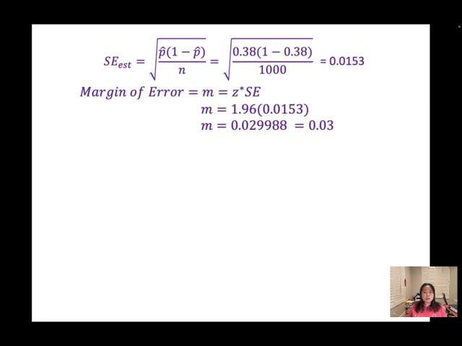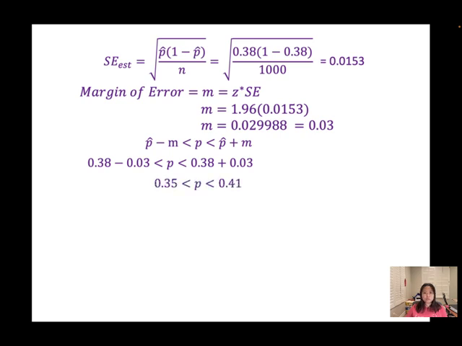And then construct the confidence interval. Okay, this is going to be the population proportion. That will be within sample proportion, which is going to be 0.38 plus minus the margin of error. We calculated the margin of error here already. Plug it in. You should get 0.35 to 0.41 here.